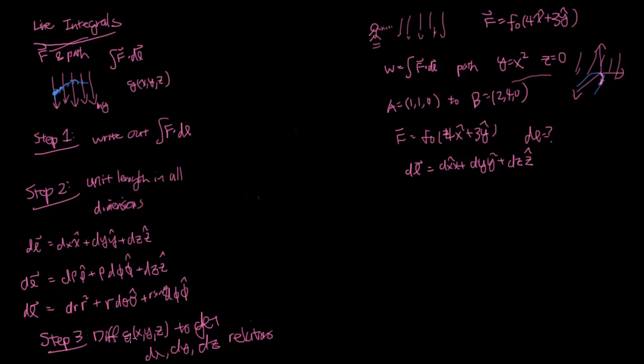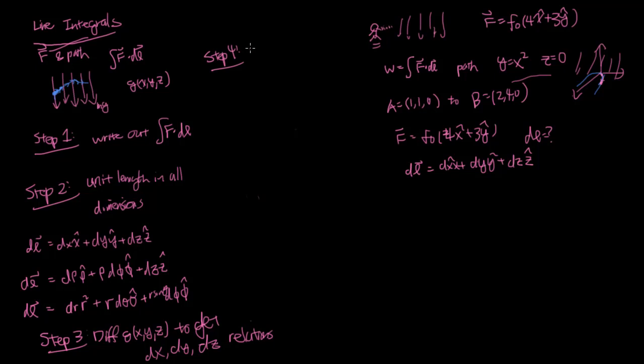What I mean is you take the functions that form this path that you're trying to integrate against, whatever coordinate system it is. In this case I'm just writing it out as Cartesian, but you want to differentiate it. The key thing that you want is some relationships between your different unit lengths of dx, dy, dz, or dr, d theta, d phi. And that kind of ties into step 4, so we'll do both at the same time.